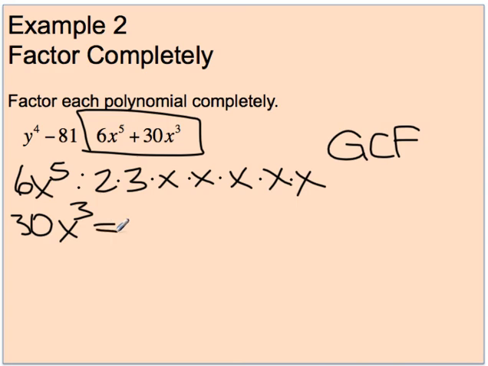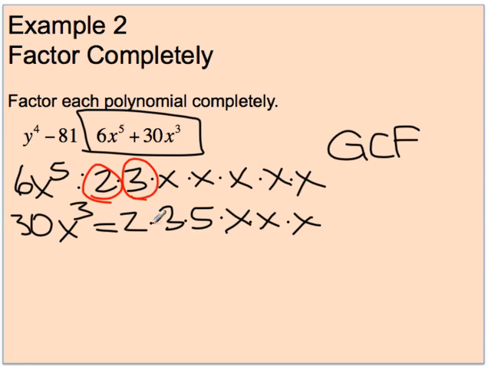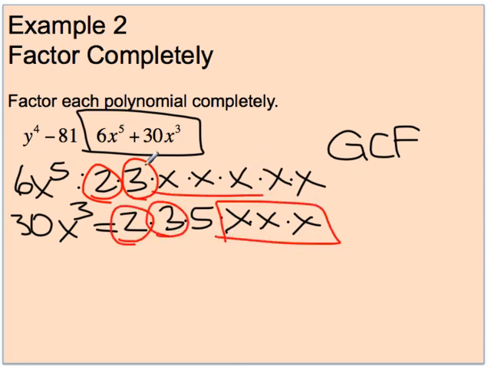So 30 is 2 times 15, and 15 can be written as 3 times 5, times 3 x's. So we can see here that we have a 2 and a 3 in each one, and we have 3 x's in each one. So our greatest common factor is going to be 6x to the third.